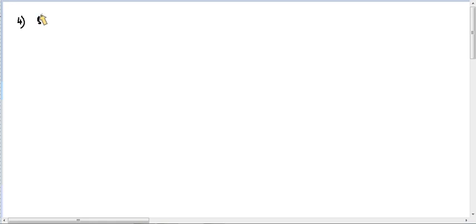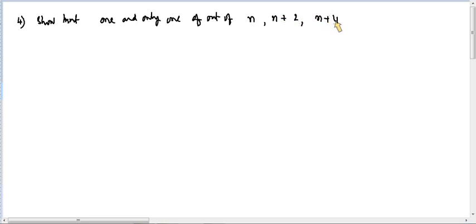Show that one and only one out of n, n plus 2, n plus 4 is divisible by 3.